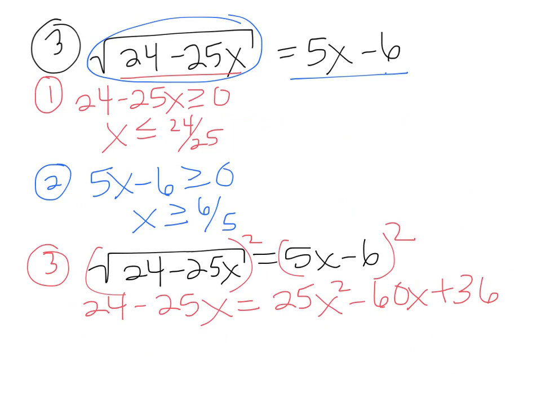Then for step 4, I want to make this equal to 0. So from there, I'm going to subtract 24 from each side, and I'm going to add 25x to each side.